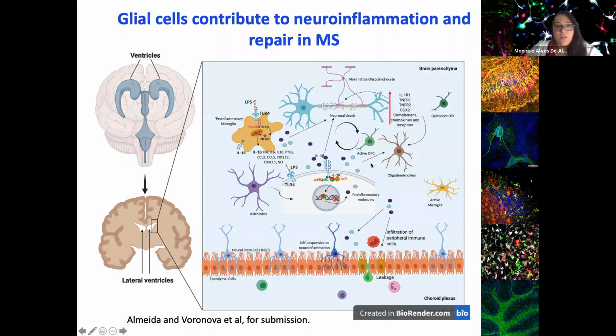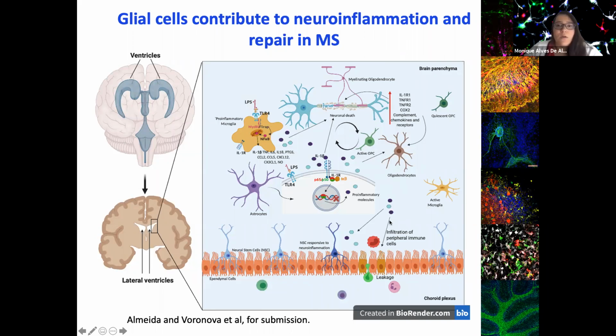Inflammation is a physiological and important mechanism to contain insults. However, when the inflammatory response is exacerbated, it can be irreversible.